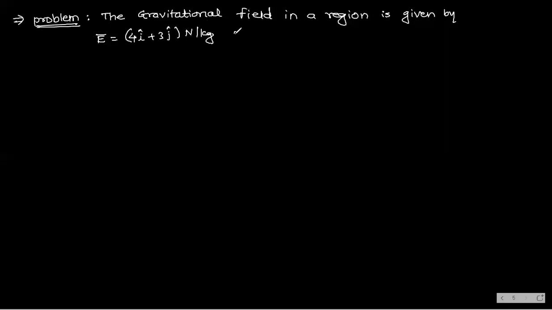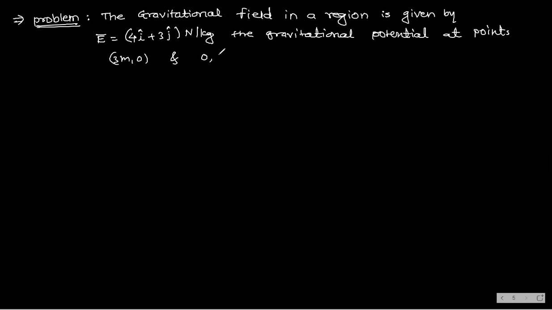The gravitational potential at points (3 meter, 0) and (0, 4 meter), if the potential at the origin is taken to be 0.